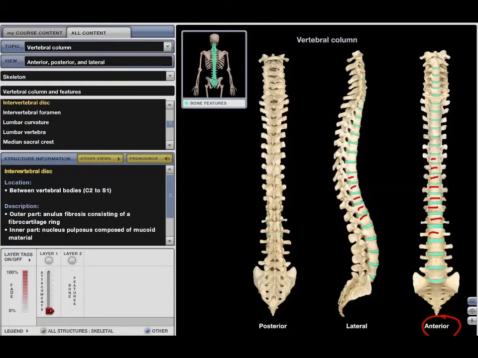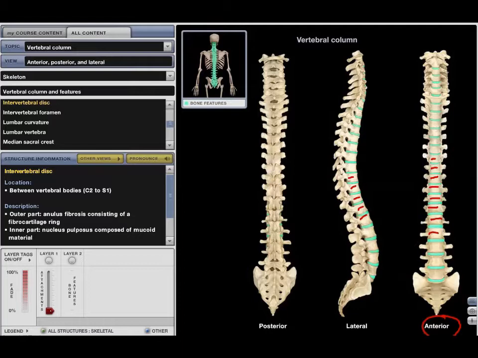The intervertebral discs are found between the bodies of adjacent vertebrae, and they both separate and connect the bodies of the vertebrae. These articulations are considered to be cartilaginous symphysis joints. The intervertebral discs allow only slight movements between the adjacent vertebrae, but the collective movement allows for the flexibility of the vertebral column.